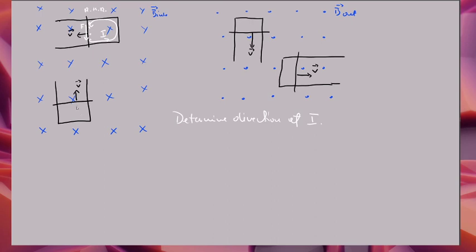For the bottom one, same story. Take your right hand, make the fingers of your right hand point into the screen, and then rotate your hand so that the thumb of your right hand points in the direction of the velocity vector, and then you will see that the force acting on these charges points in this direction.